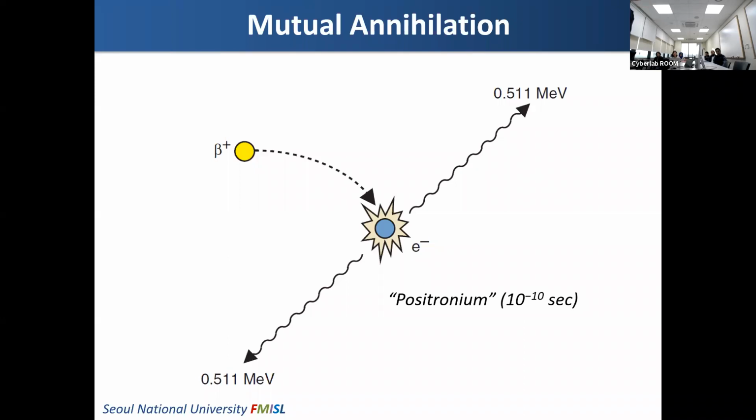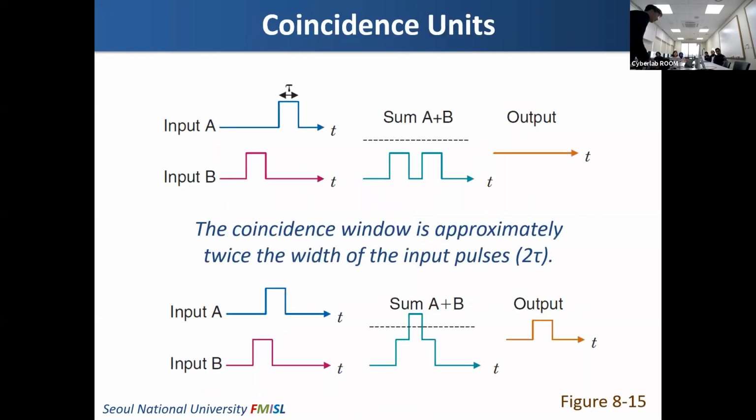Once the PET detector is activated by an annihilation photon, each PET detector makes a kind of trigger signal, a square-shaped trigger. If the time difference between these two square signals generated from each of the PET detectors is small, then some part of the signal will exceed this threshold, and we can say they are coincident.